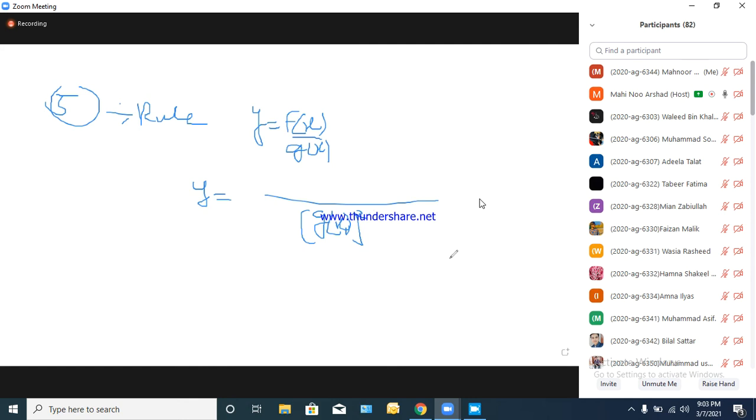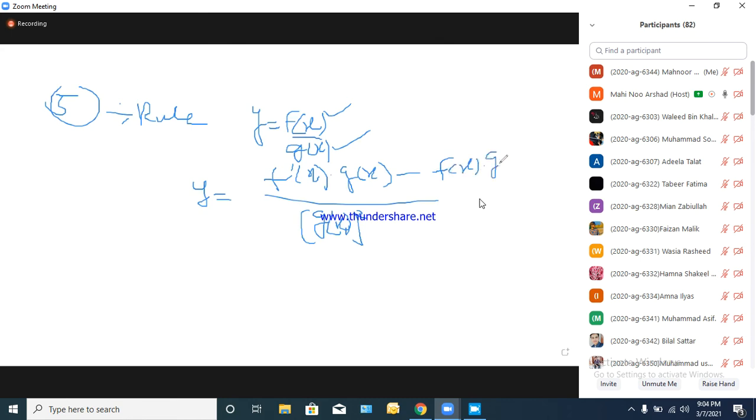You will take derivative of denominator, sorry, square of denominator. This is called numerator and this is called denominator. You all know that. So you will take square of denominator in the denominator, and also in numerator you will take derivative of numerator and denominator as it is, minus now numerator as it is and derivative of denominator.